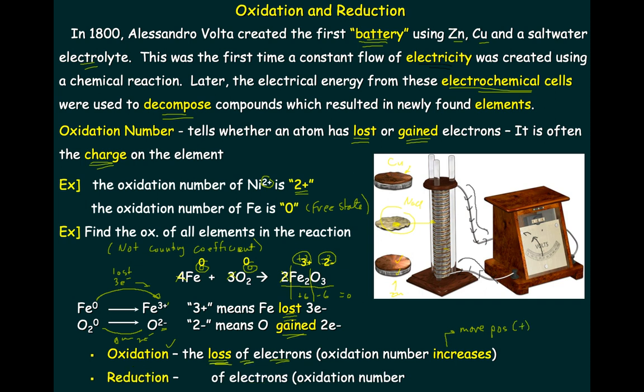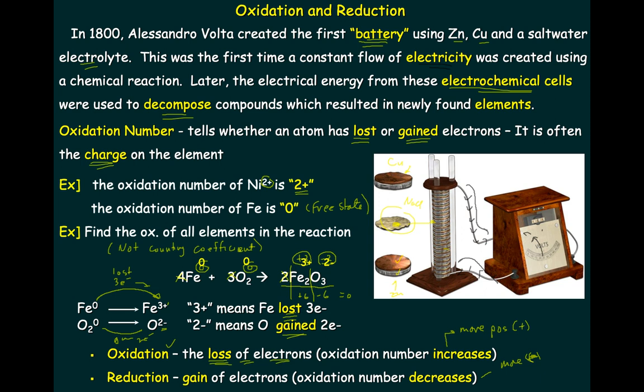Okay, and reduction is the gain of electrons, and the oxidation number decreases or becomes more negative. Now, more negative doesn't mean it always becomes negative. It becomes more negative than it was before. So in the case of oxygen, oxygen gains electrons and it becomes reduced.